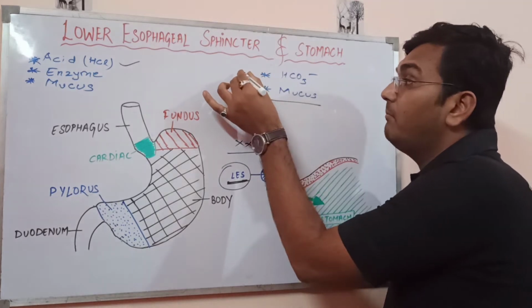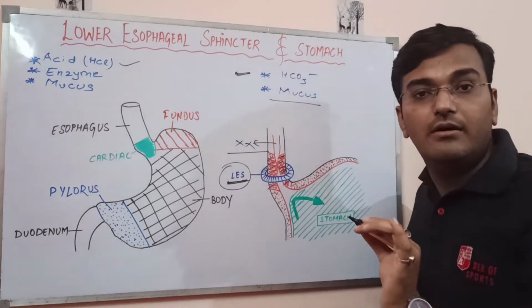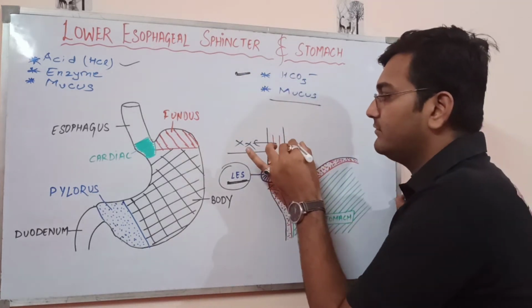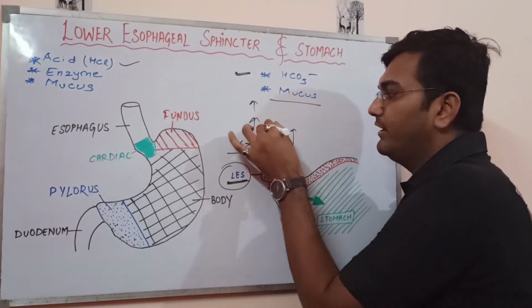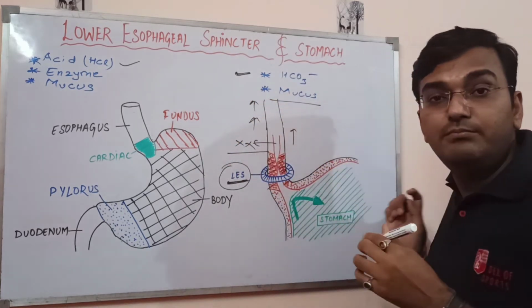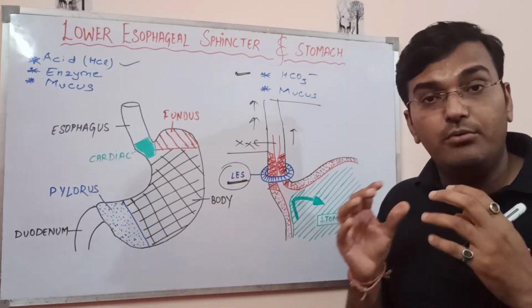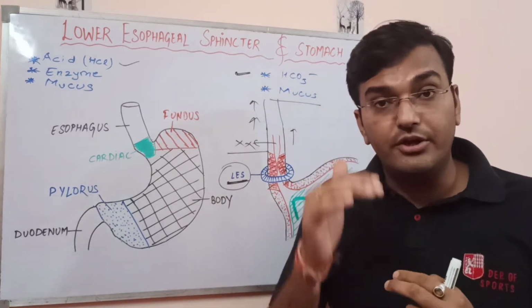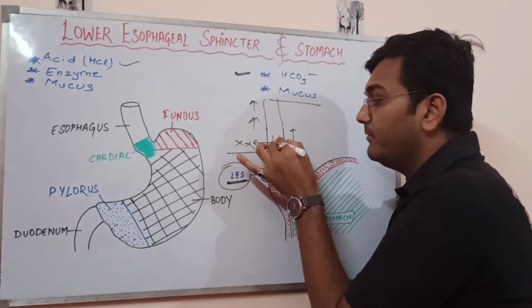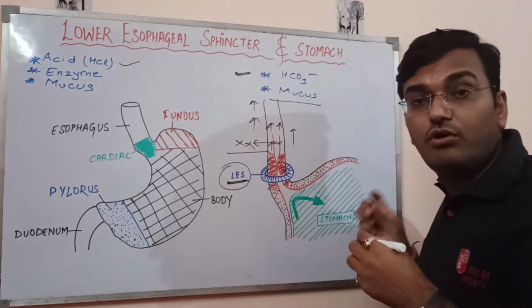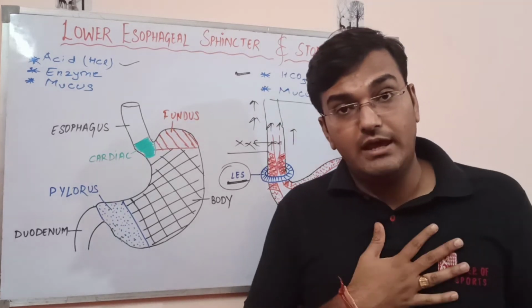Also it has some bicarbonate ions. But as we progress a little higher in the esophagus, this mucus production and bicarbonate ion quantity will reduce. So the higher the food material goes up, the more heartburn and acidity it would cause.